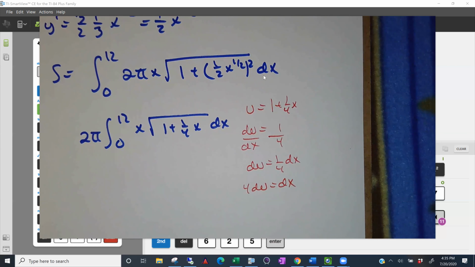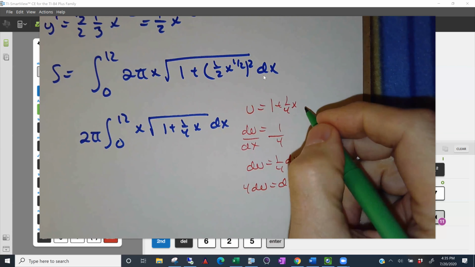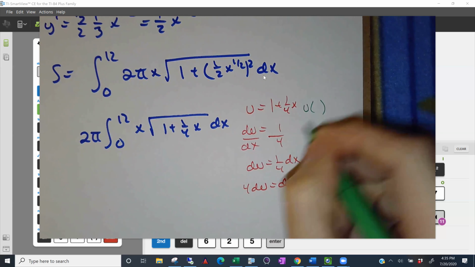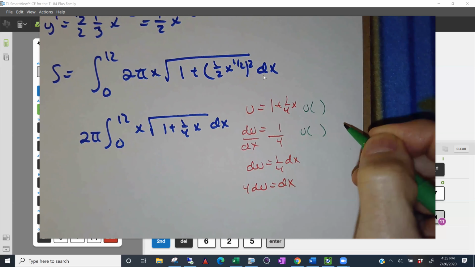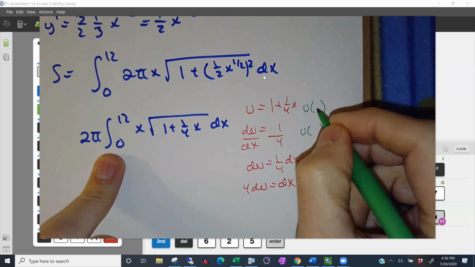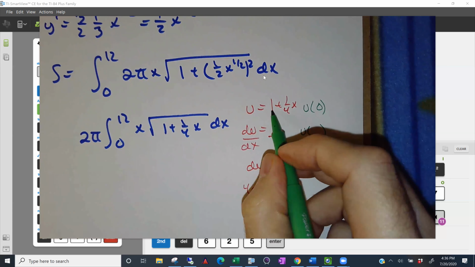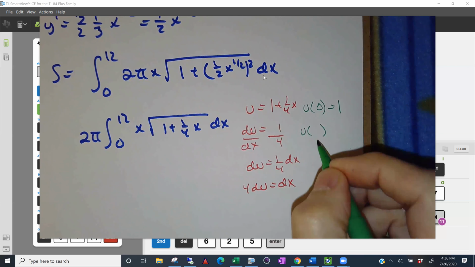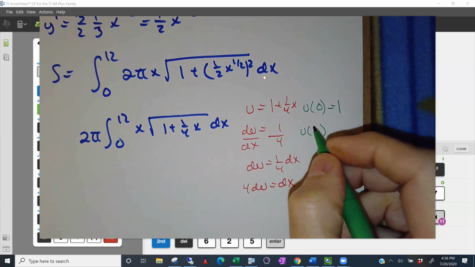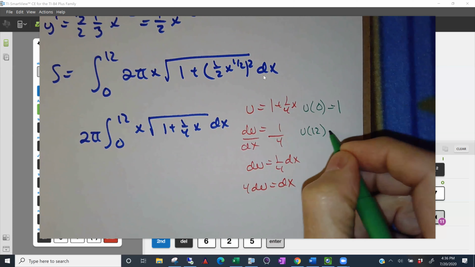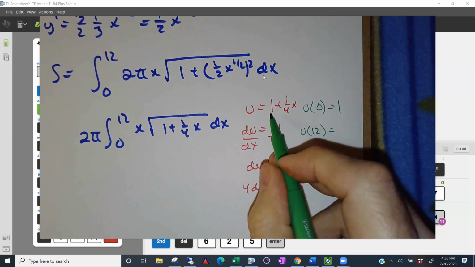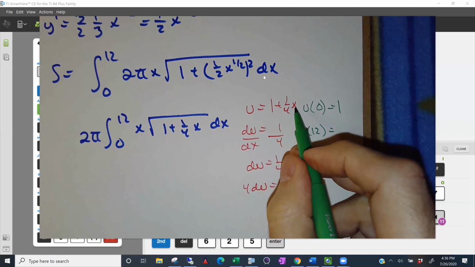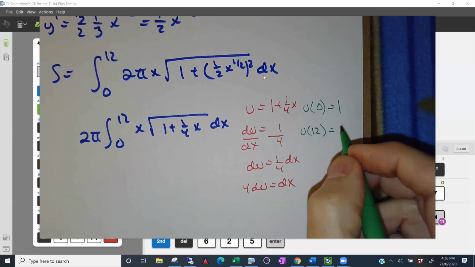I'm also going to take the time to change my limits of integration. u of 0 is going to be 1 plus 1/4 times 0, so it's going to be 1. And then u of 12 is going to be 1 plus 1/4 of 12. 1/4 of 12 is 3, plus 1 is 4.